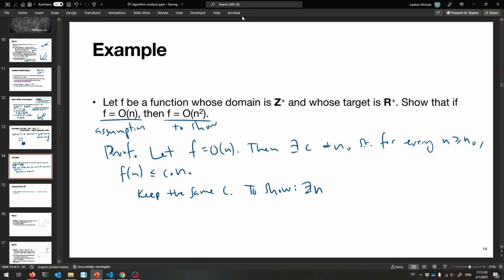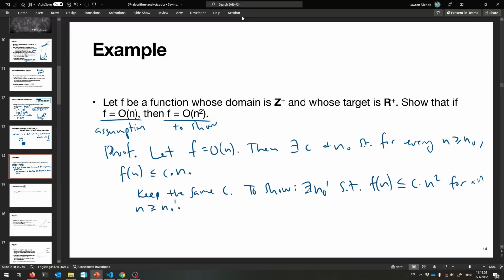There is some n naught, I don't want to use the same name, so let's say n naught prime now, such that f of n is less than or equal to c times n squared for all n greater than or equal to n naught prime. Okay, so just a different variable.